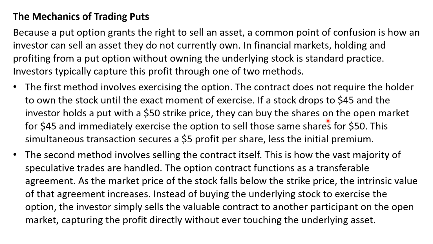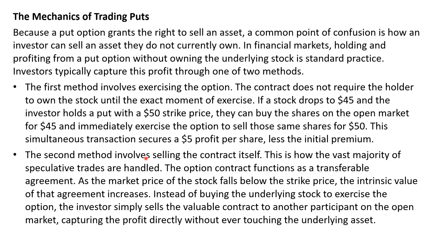They can buy shares on the open market for $45 and immediately exercise the option to whoever sold them the option, to sell them at $50. So this gives you a $5 profit per share less the initial premium.